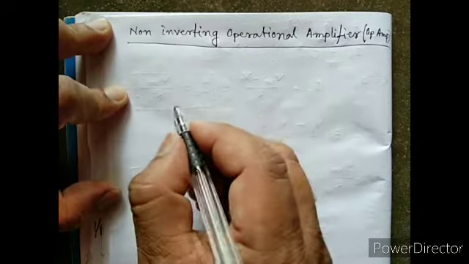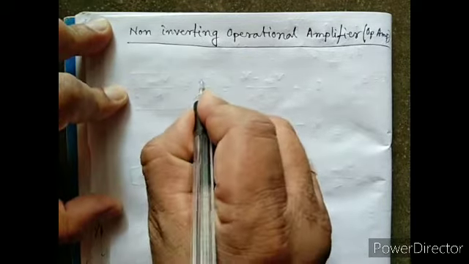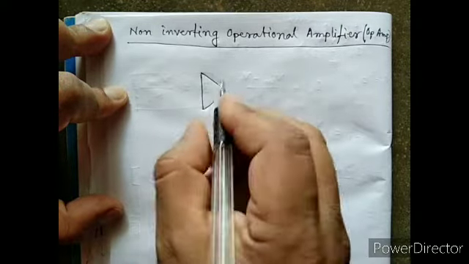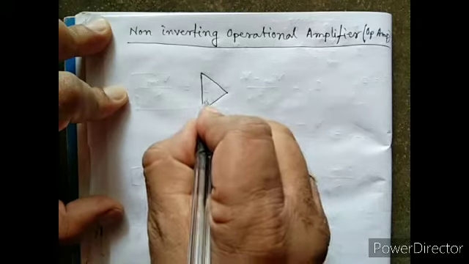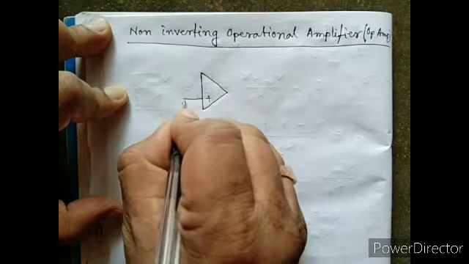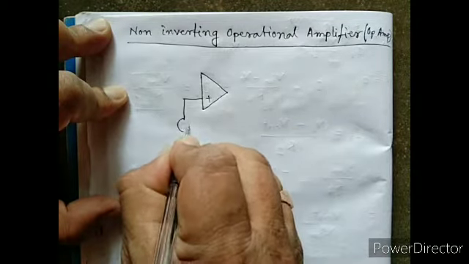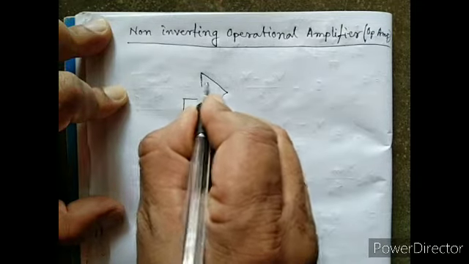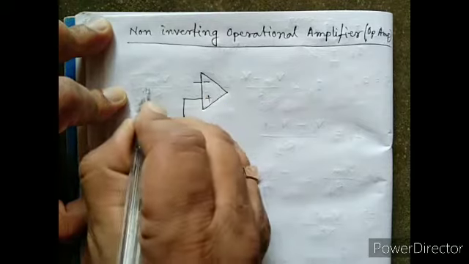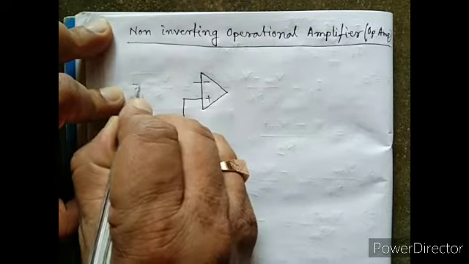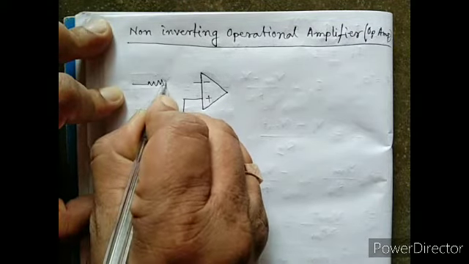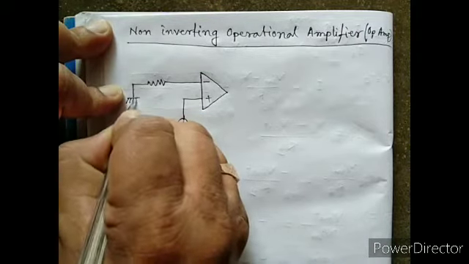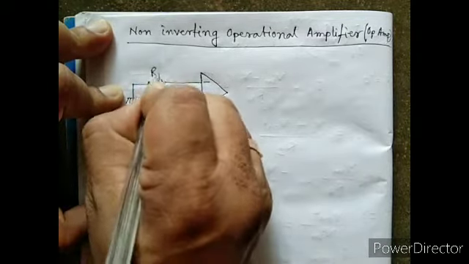Now, in the non-inverting operational amplifier, input is given to the non-inverting terminal and the inverting terminal is grounded through a resistor R1.